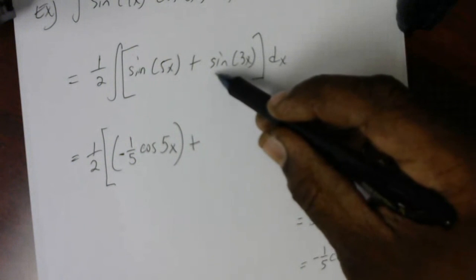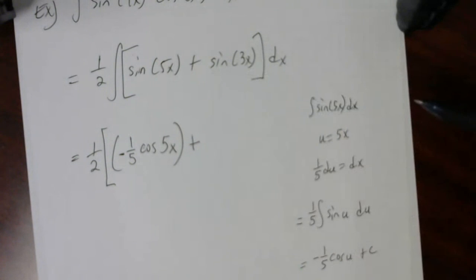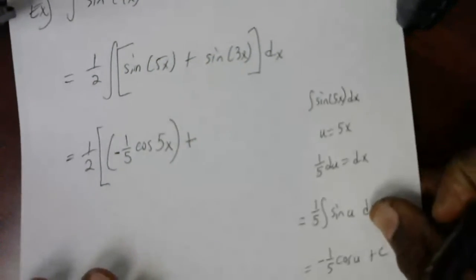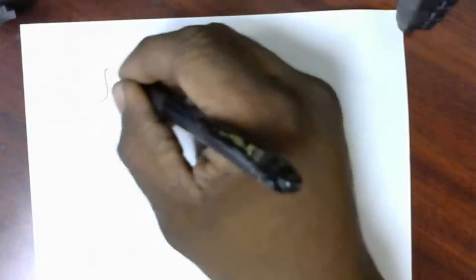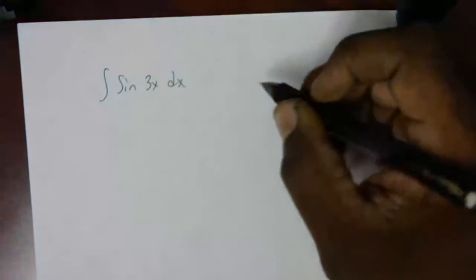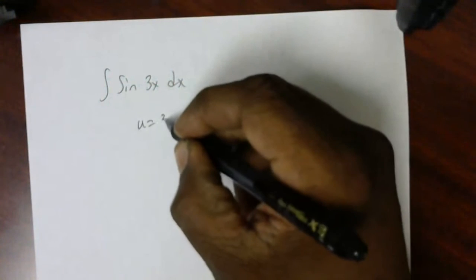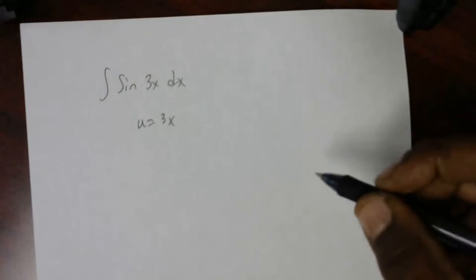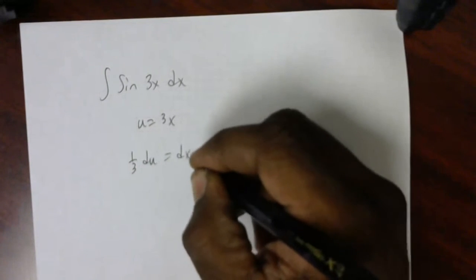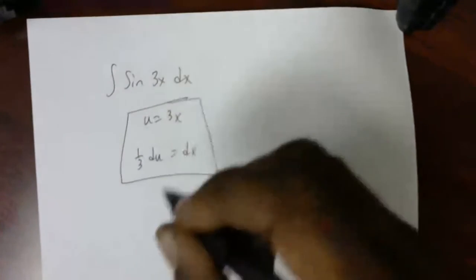I'm going to integrate the sine of 3x. So I'll kind of do that here. The integral of sine 3x dx. So here again, we'll let u equal 3x, so 1/3 du is equal to dx.